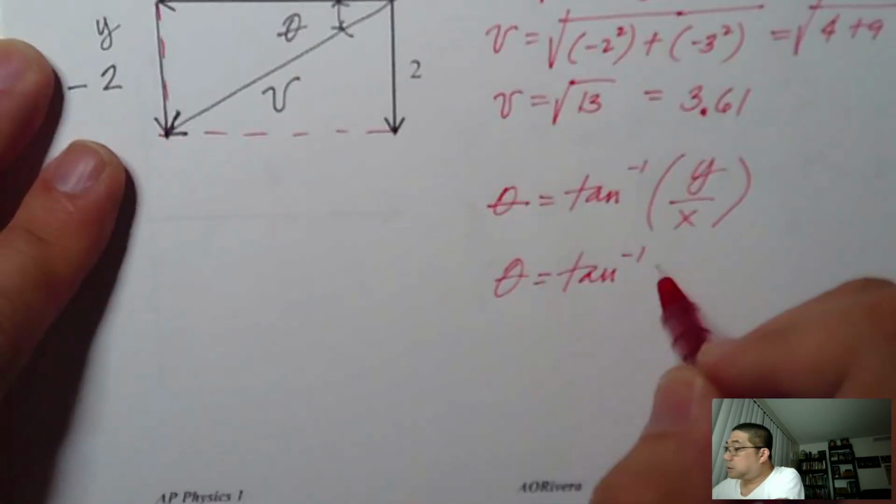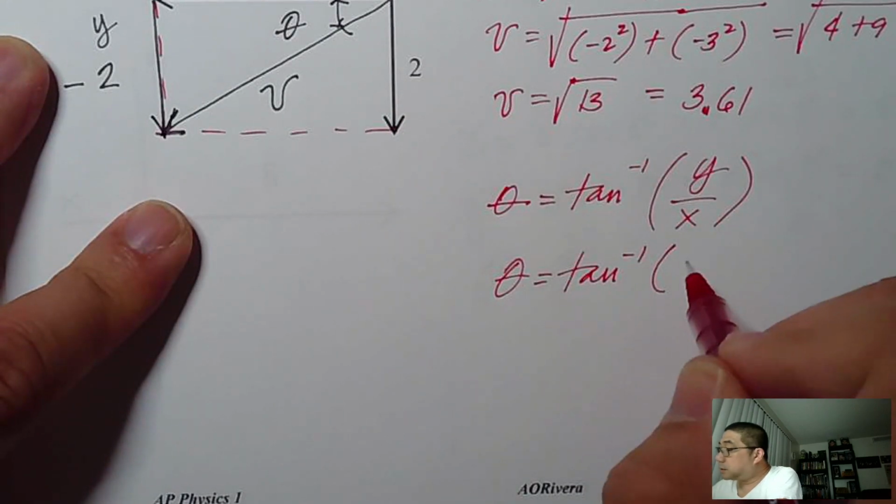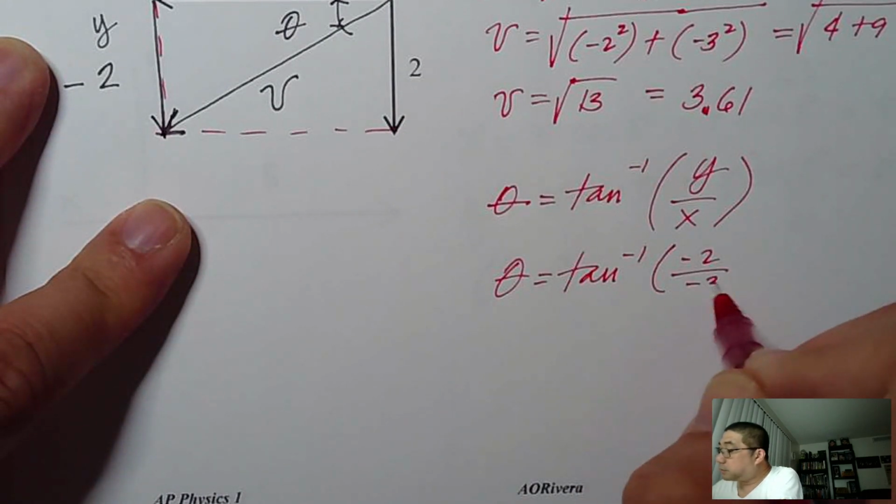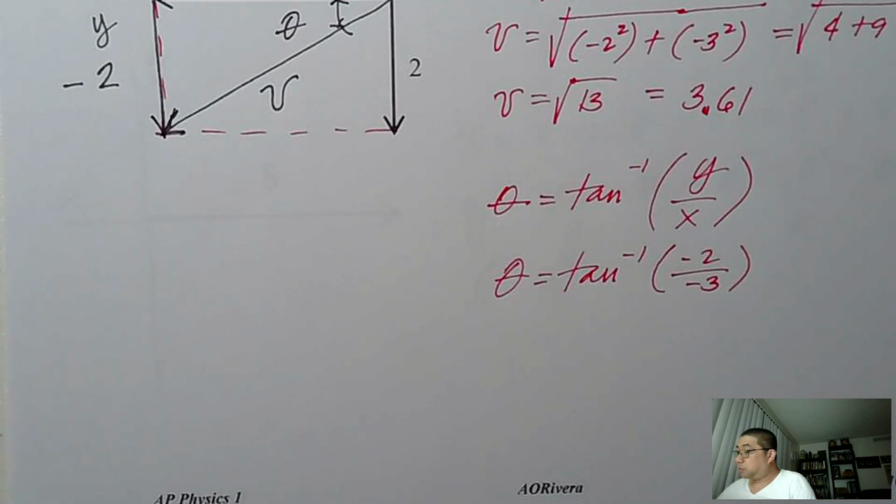So you can see the value of y is -2 divided by -3. So 2 over 3, which is 2/3. So that's 0.666. Arctangent, tangent inverse, as long as it's not hyperbolic.